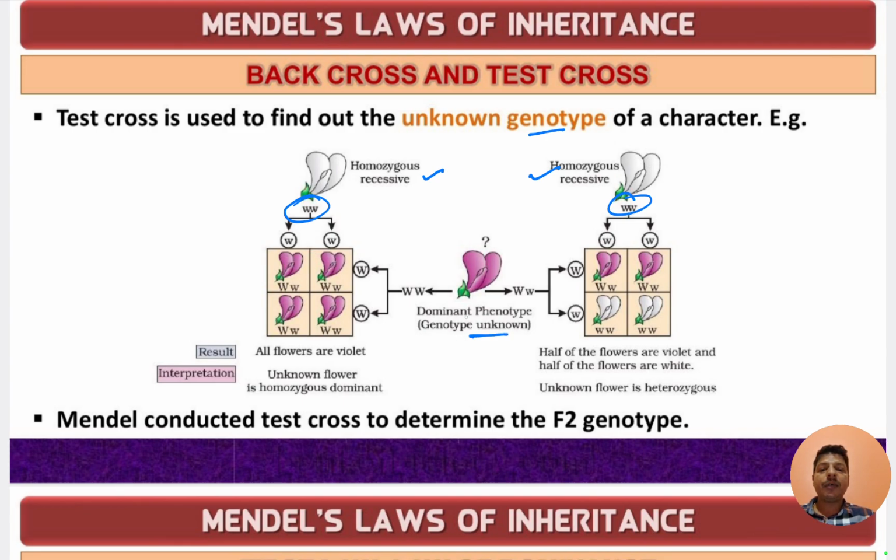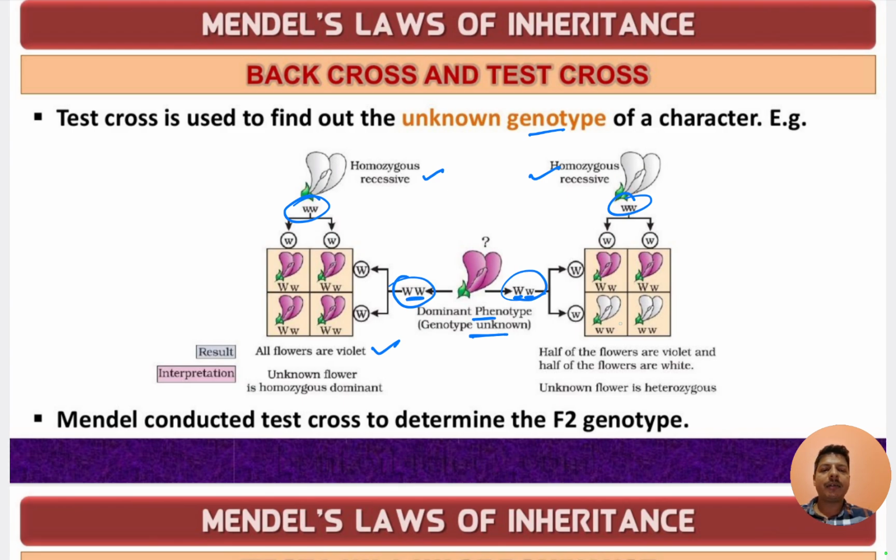As you can see, we have only the dominant phenotype. So here the arrangement is given. Capital WW is taken in the first type, whereas in this type capital W and small w are taken. And then by using a Punnett square, what is the result? In the first type, all flowers are violet.